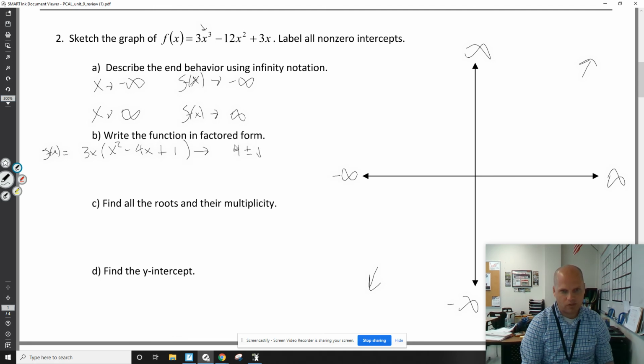Opposite of b plus or minus the square root of b squared minus 4 times a times c, all over 2a, which gives me 4 plus or minus root 12 over 2.